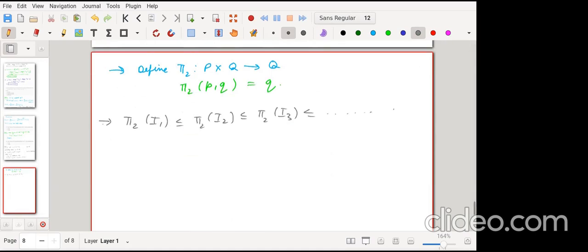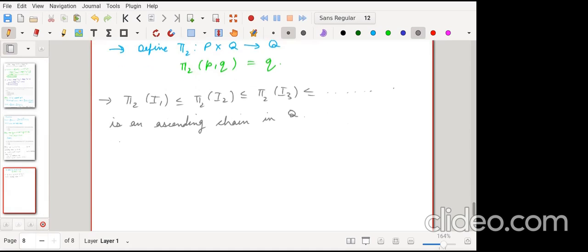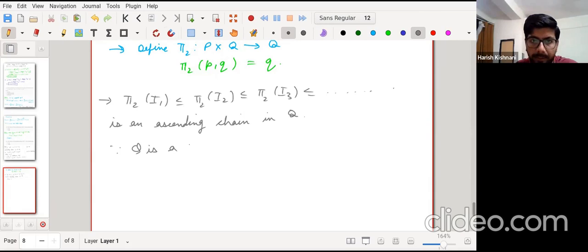So pi 2 of I1, contained in pi 2 of I2, and so on, is an ascending chain in Q. Now Q is a Noetherian ring, so this also terminates at some point.